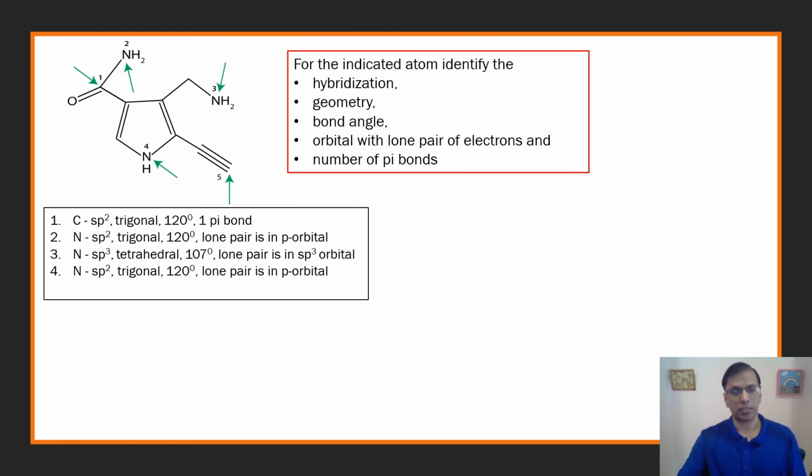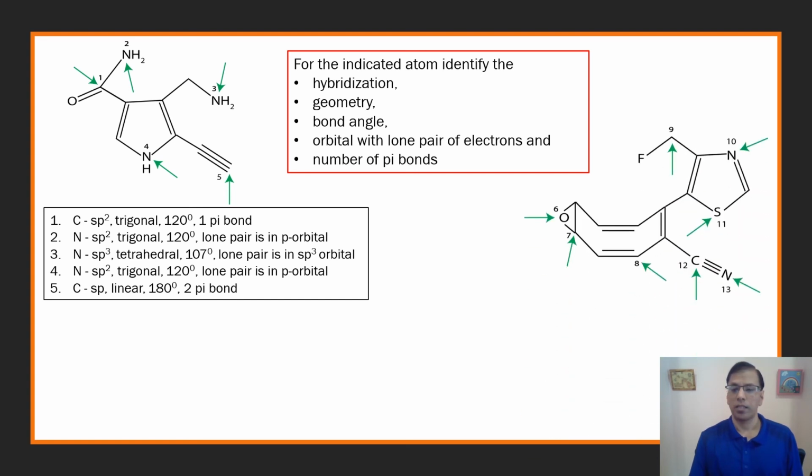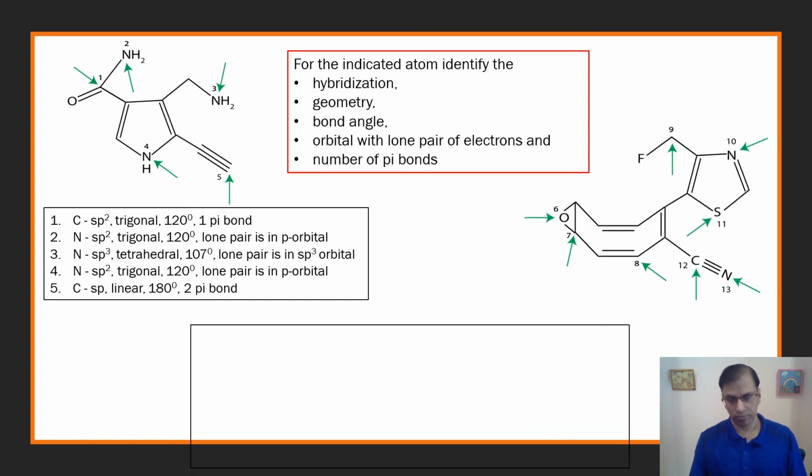Let's look at carbon atom 5. This carbon atom is attached to hydrogen and it's attached to another carbon, and so it's sp hybridized. The bond angle is 180 degrees, and there are 2 pi bonds. Let's look at more examples.